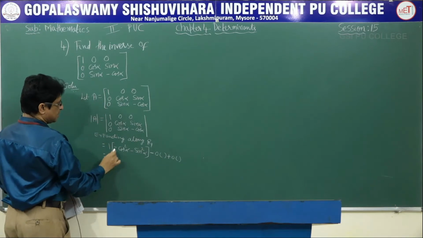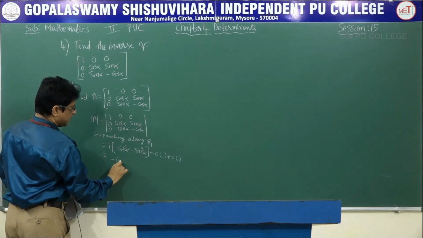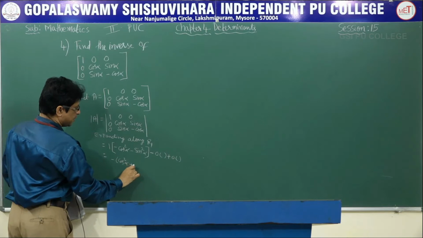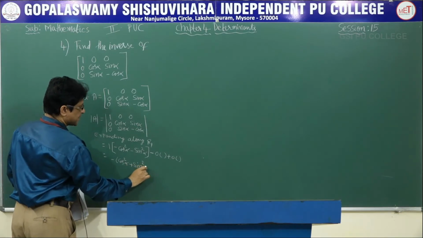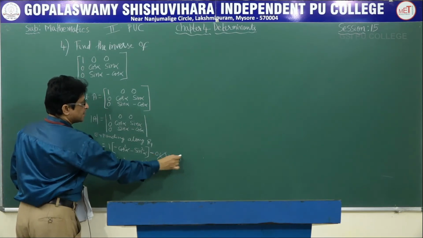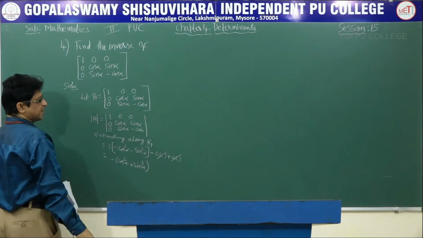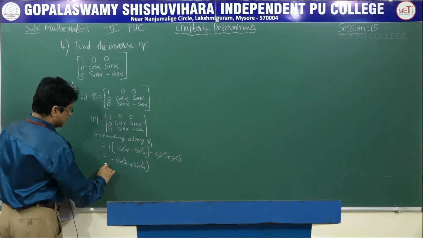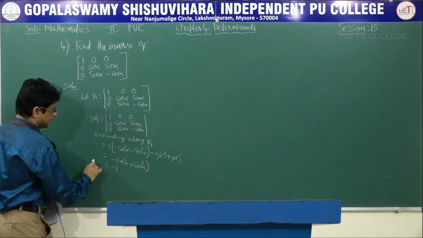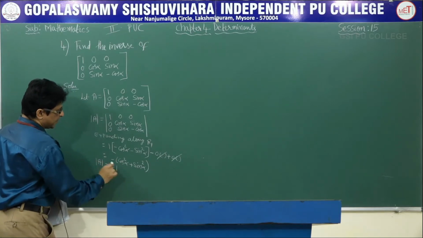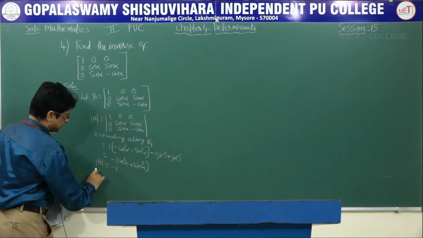Here we can take minus common: cos square alpha plus sin square alpha, minus 0 into plus 0 into will get cancelled. That will be equal to minus 1. That means determinant of A is equal to minus 1.